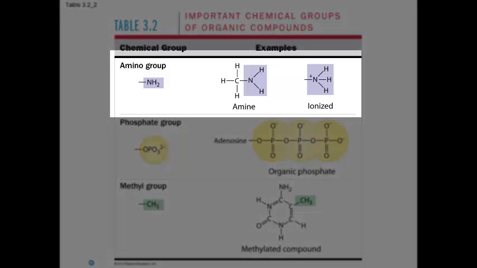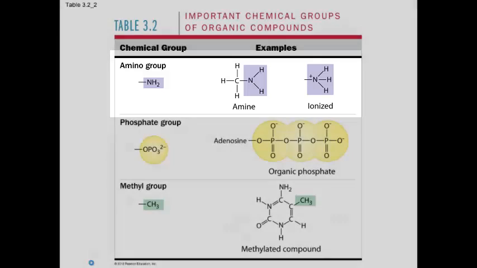He also mentioned the amino group, and that the amino group would contain nitrogen with two hydrogens, but because it has the ability to take on hydrogen, we often see it ionized with the plus sign. And we'll see amine groups as a part of proteins.